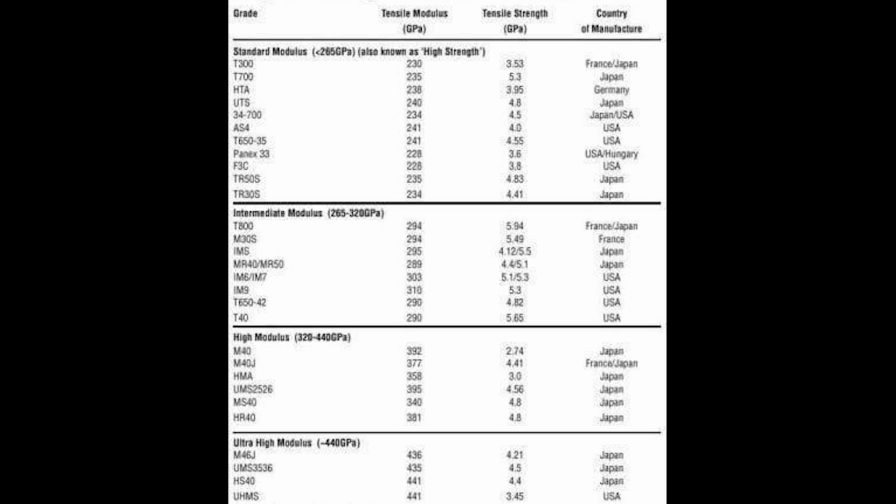It's 235 versus 240 and 5.3 versus 4.8. It's a little bit stiffer, a little bit higher tensile. Yeah, in this list I sent you, the number for T700 actually is wrong. I think it's 4.9 in tensile strength in reality for T700. I don't know why it's wrong in this list, but that's the way it is.